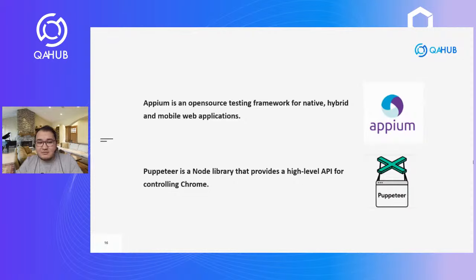One of the best benefits, it also works with real hardware, also simulators and emulators. And the last one is Puppeteer, a node library for high-level API testing, and also controlled by browser.